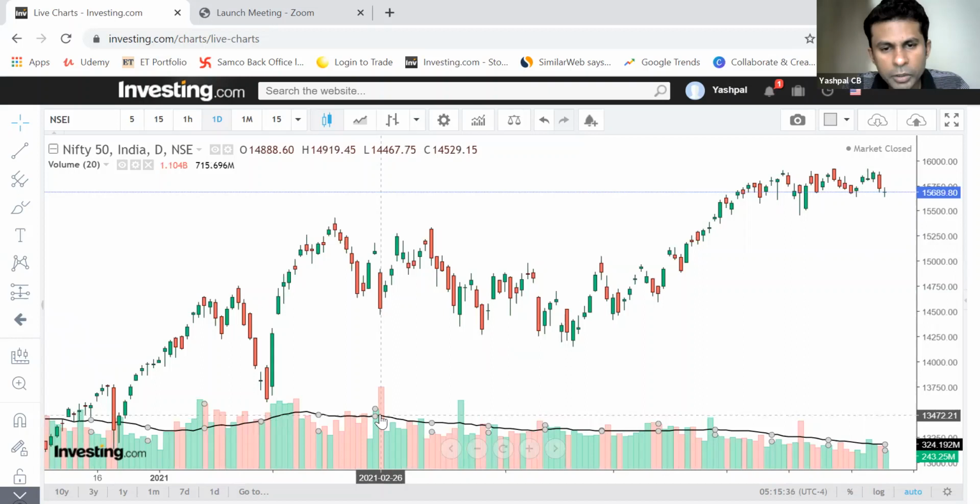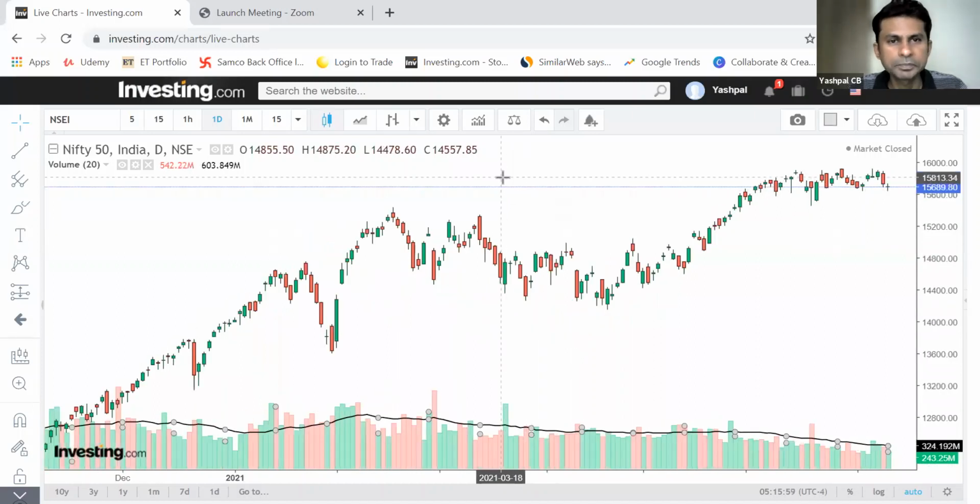If a volume is above the black line, then it is above average. If a volume is below the black line, then it is below average. So this is above average and these are all below average. That is what we have to identify. Now we will move to the next indicator.